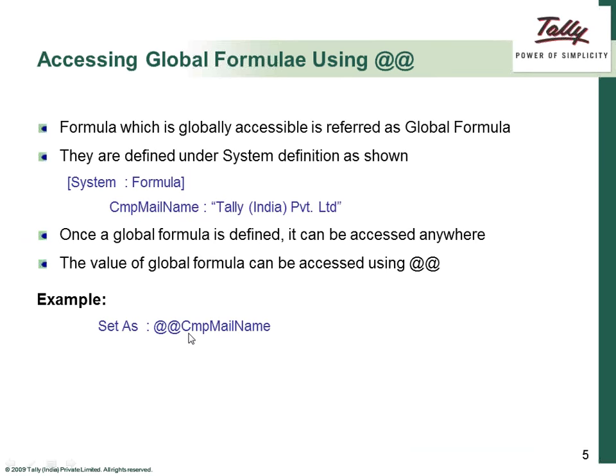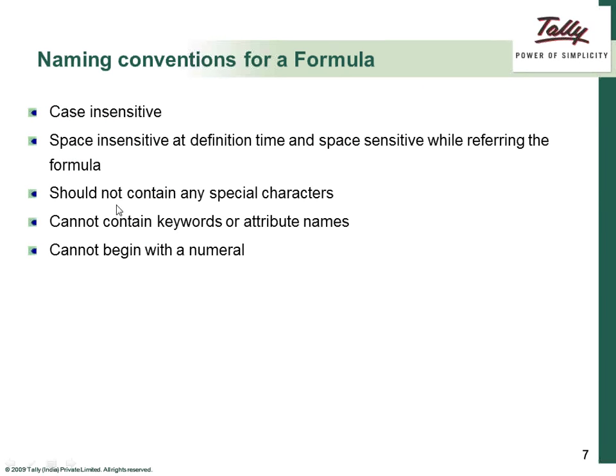However, when you are accessing the global formula, you cannot give a space. It should not contain any special character. Hope by now you have already understood why we aren't allowing any special character. It cannot contain any keywords or attribute names, for example blank, and cannot begin with a number.